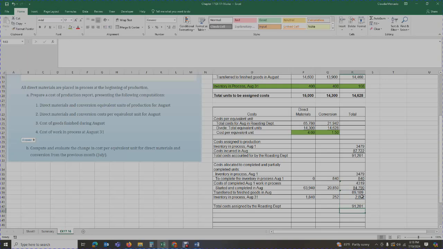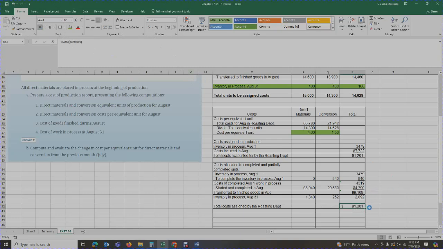That is the total cost assigned by the roasting department for everything that was completed during the month and transferred out of the roasting department. $91,201. These are all of the costs that include direct materials and conversion costs for the roasting process. Okay, so that is the dollar amount right there.